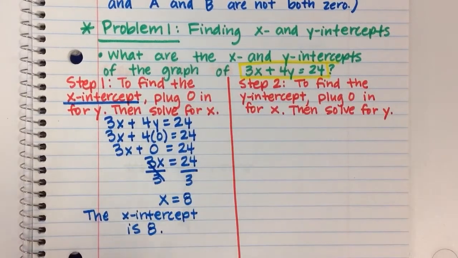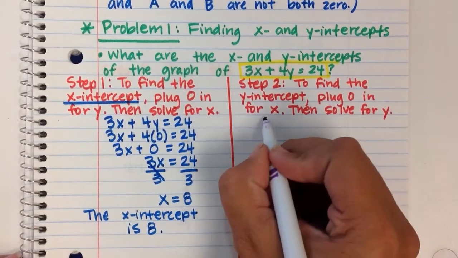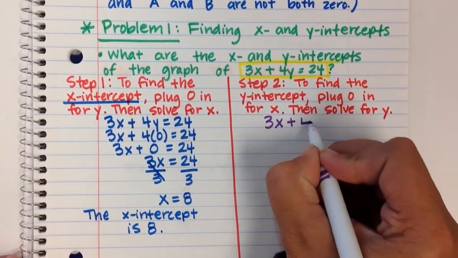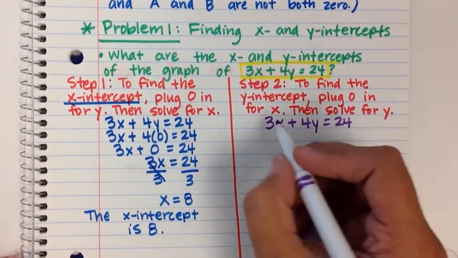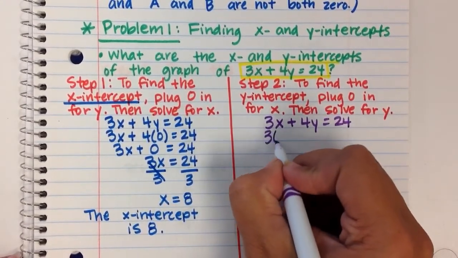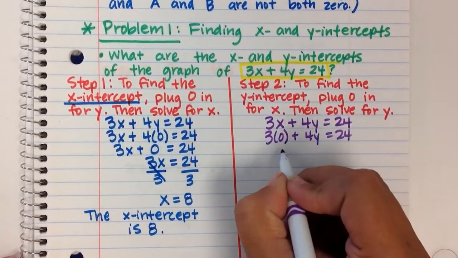To find the y-intercept, we're going to plug 0 in for x, then solve for y. I'm using the same equation, 3x plus 4y is equal to 24. I'm going to let x equal 0. So 3 times 0 plus 4y is equal to 24.